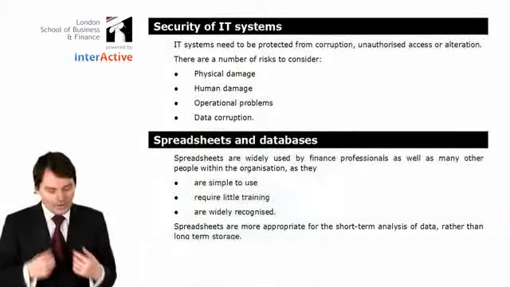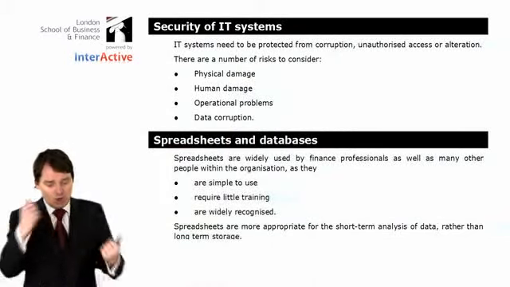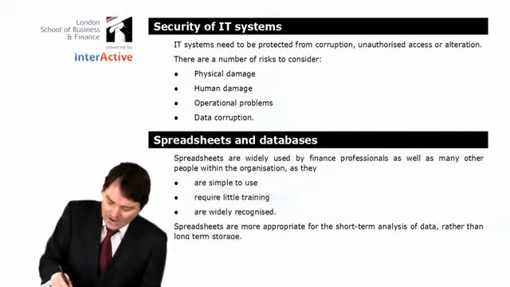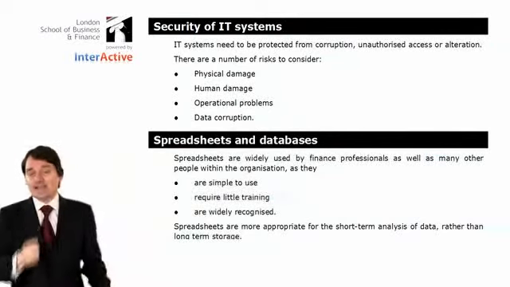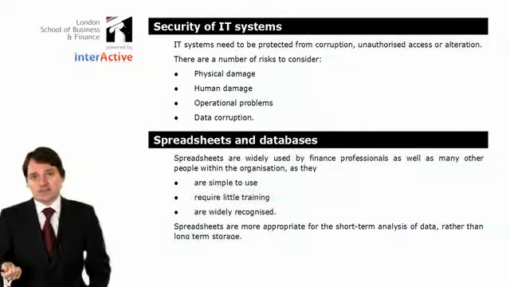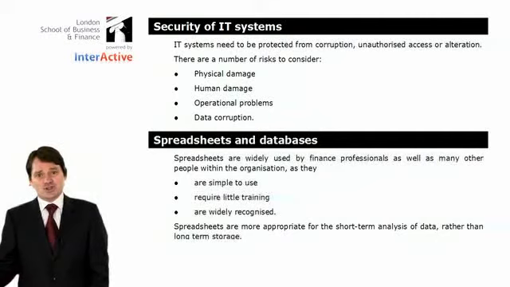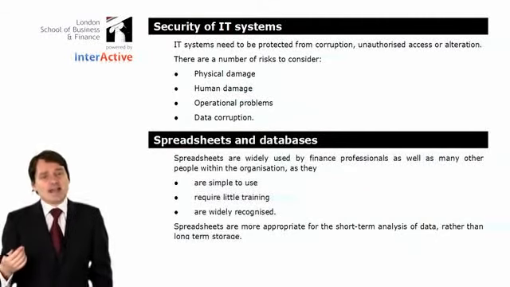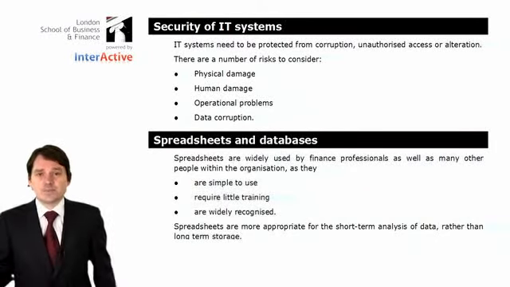On page 136, the final bit we've got in this chapter is talking about IT systems. Security. When we have got a computer system, particularly a transaction processing system, if it's damaged, in other words, the transactions get lost, we can't do anything.